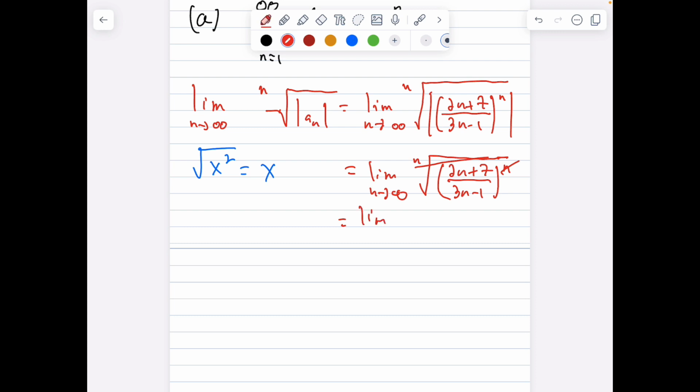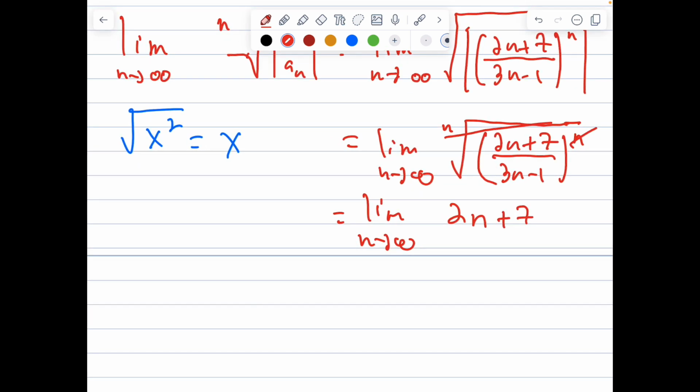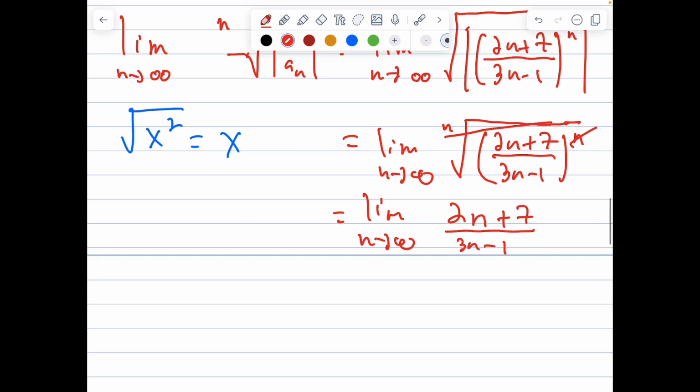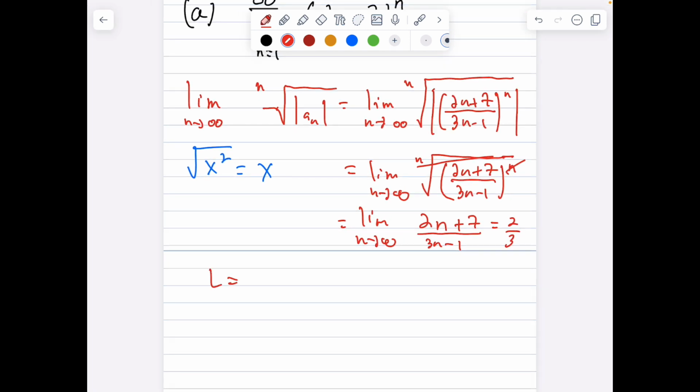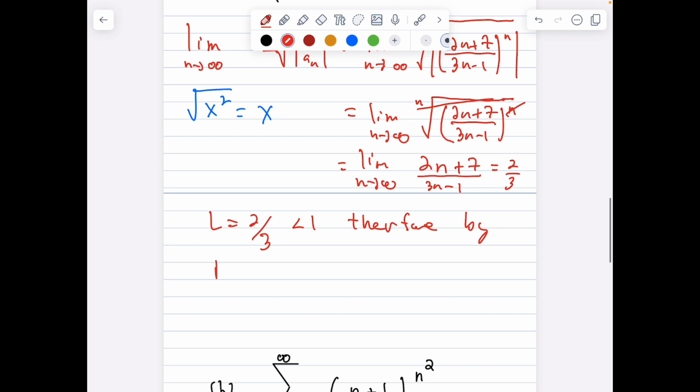So we take the limit now as n goes to infinity of the quantity left inside, which would be 2n plus 7 over 3n minus 1. And all of that would equal 2/3. Okay, so L is equal to 2/3, which is less than 1. And therefore, by the root test, the series converges.